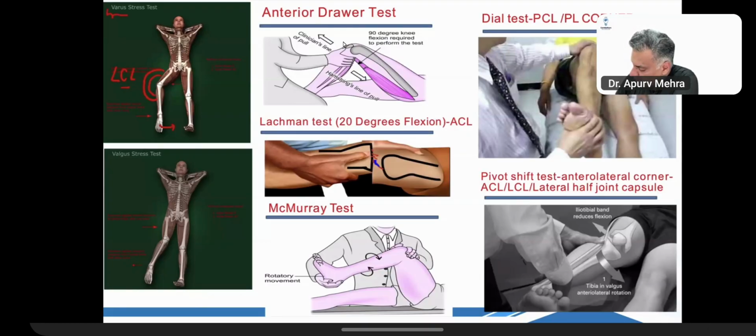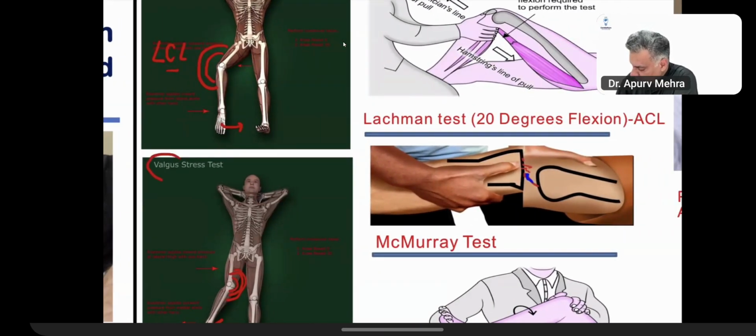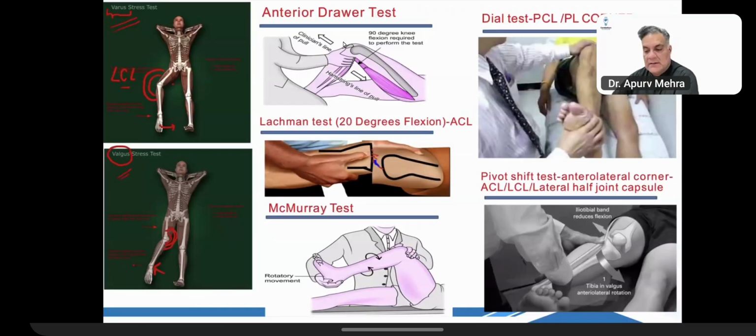Because we are taking the distal part medially, this is called the varus stress test for the lateral collateral ligament. This is your medial collateral ligament. When you take this laterally, it's called a valgus stress test. All right, so the valgus stress test is for the medial collateral ligament, MCL.